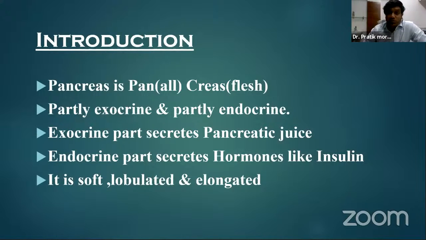The pancreatic juice, obviously, is going to help in the digestive part. It will help in the digestion of carbohydrates, lipids and proteins. And the endocrine part, that is the insulin, especially the insulin.